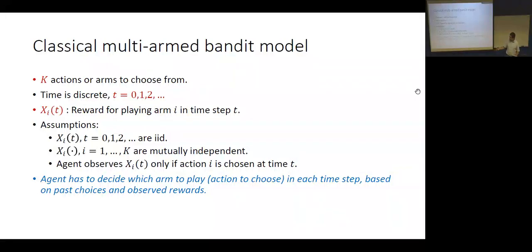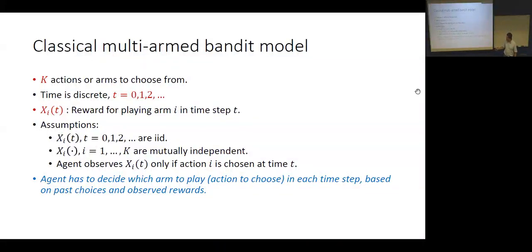The assumptions are that when you play an arm at successive times, the rewards you get form an IID sequence. Also, when you play different arms, the rewards are mutually independent. You only observe the reward for the action you play, and you have no information about other actions.